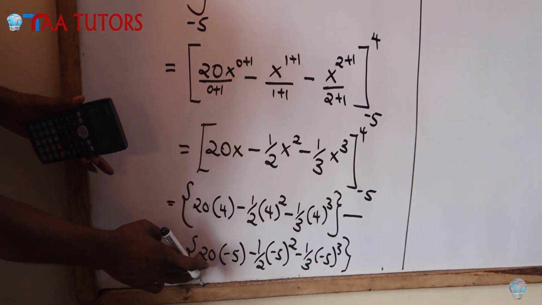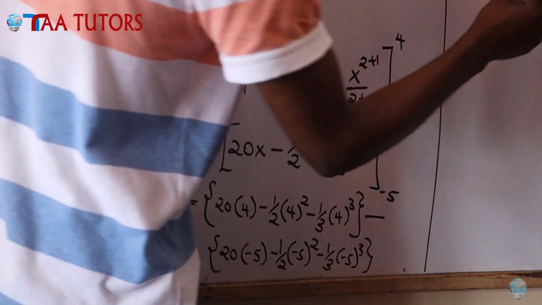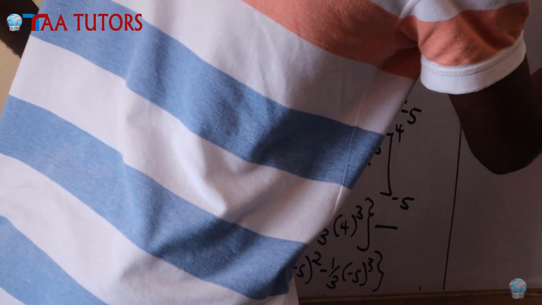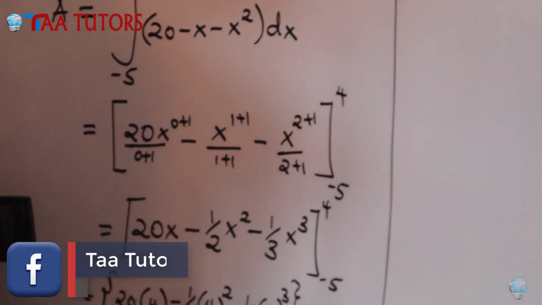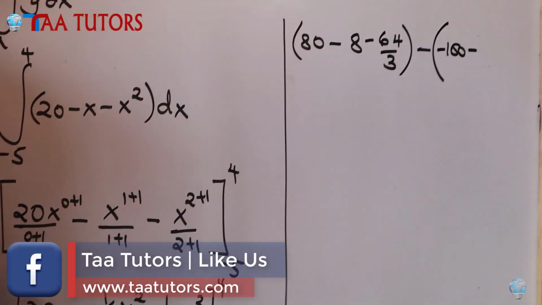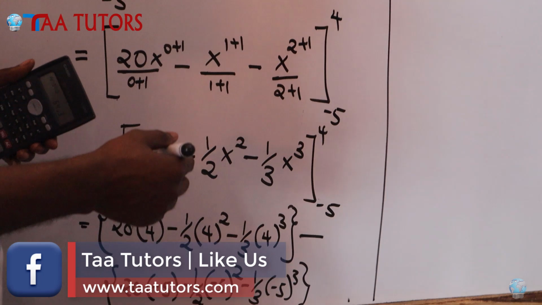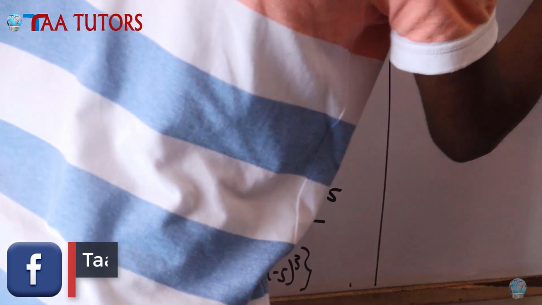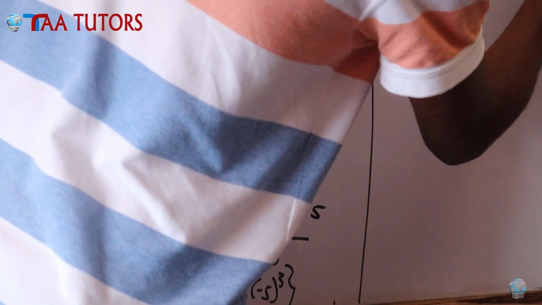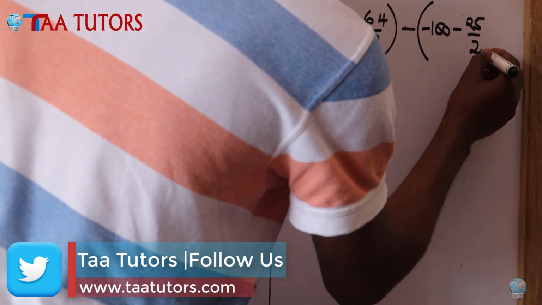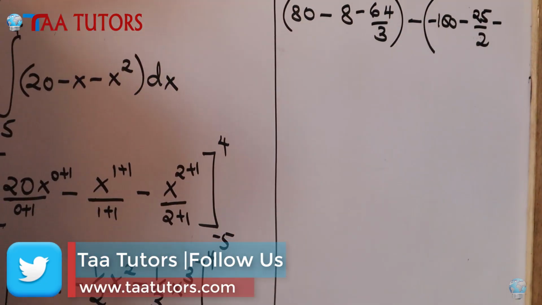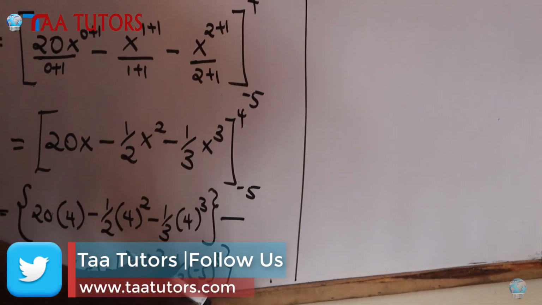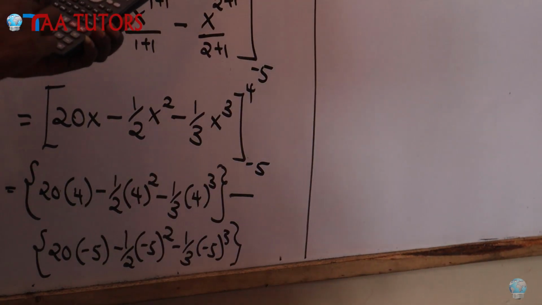Minus, let's come here. 20 times negative 5 should be negative 100. Minus negative 5 squared is 25, over 2 should be 25 over 2. Minus negative 5 cubed.